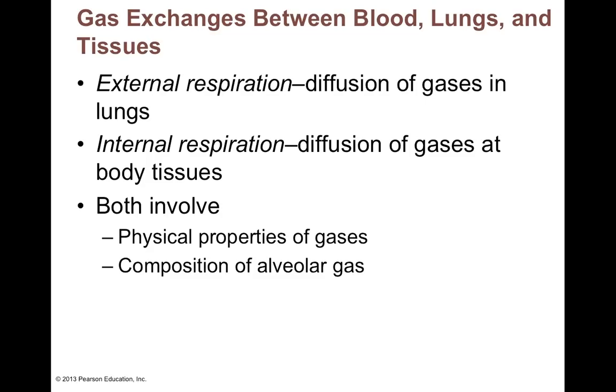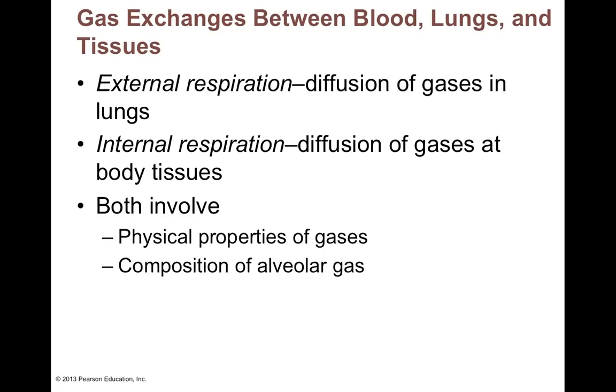Good. Okay, so if gas exchange is occurring between air and blood, we call that external respiration, because you're moving gases between the external air and your own bloodstream, right? So it's external respiration. If gas exchange is occurring between your blood and your tissues, we call that internal respiration, because you're moving gases between your own tissues and your own bloodstream internally in your body, which means it's internal respiration.